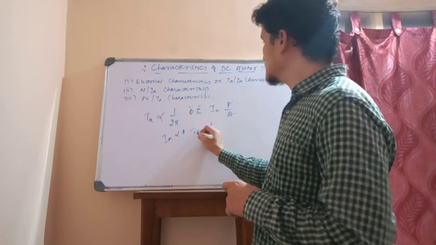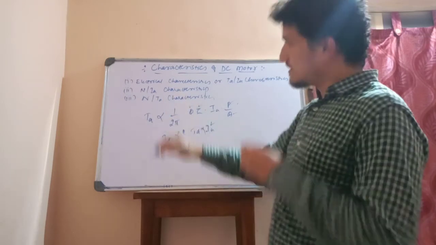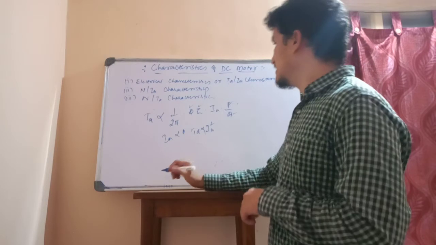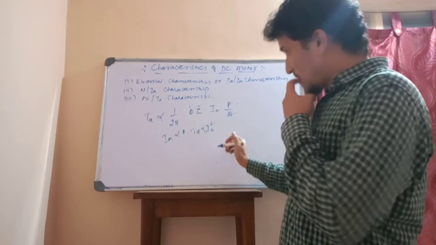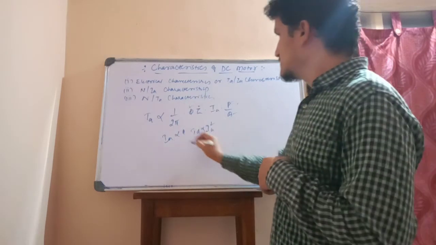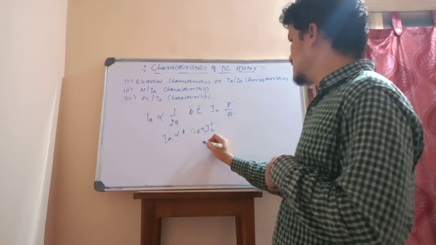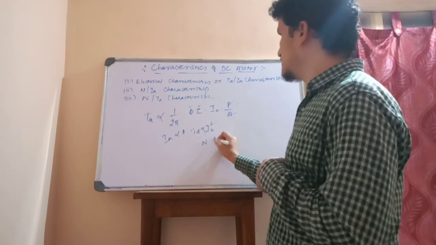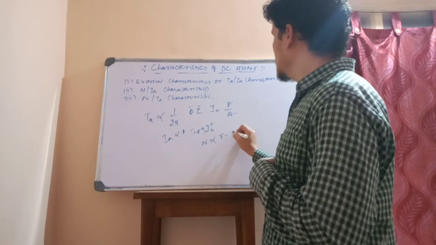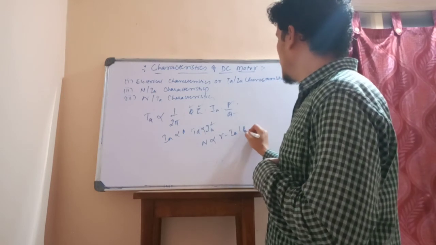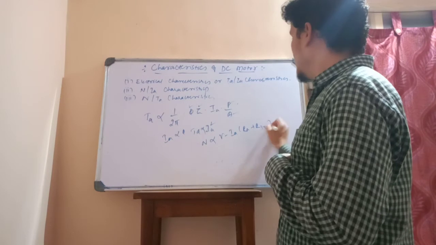This is already discussed, right? Now we are discussing N versus Ta. This is what we have learnt: N is proportional to V minus Ia into Ra plus Rse divided by phi.